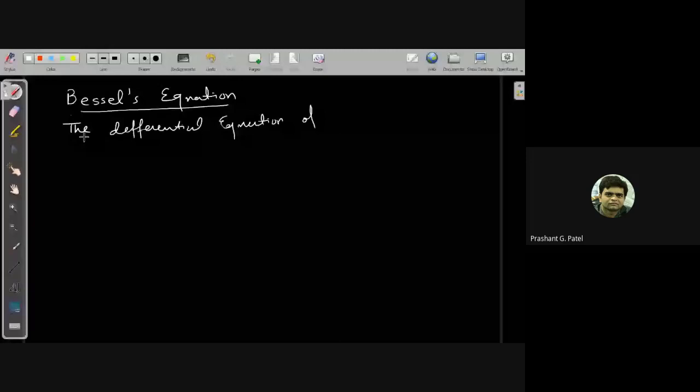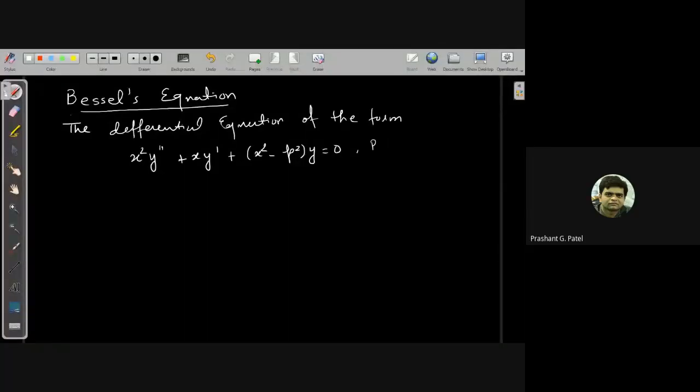So the differential equation of the form x square y double dash plus x y dash plus x square minus p square y equal to 0, where p is greater than or equal to 0, is called a Bessel's equation of order p.